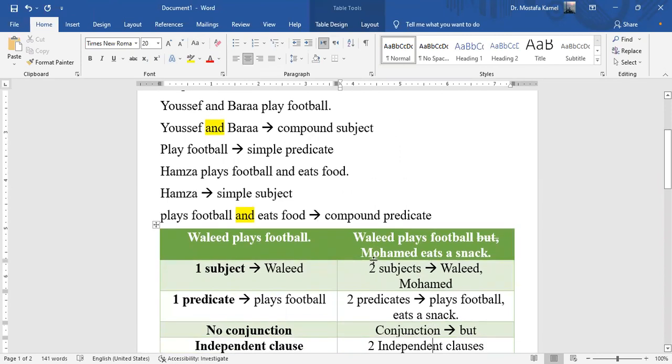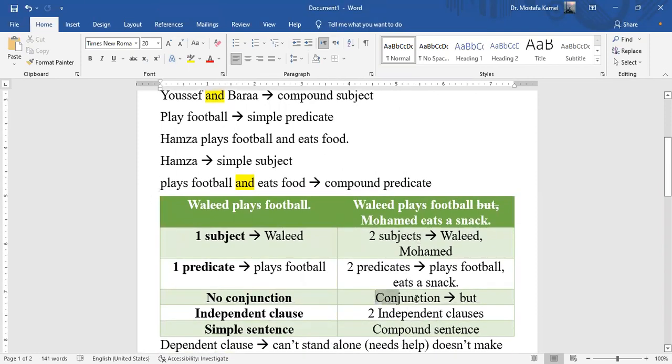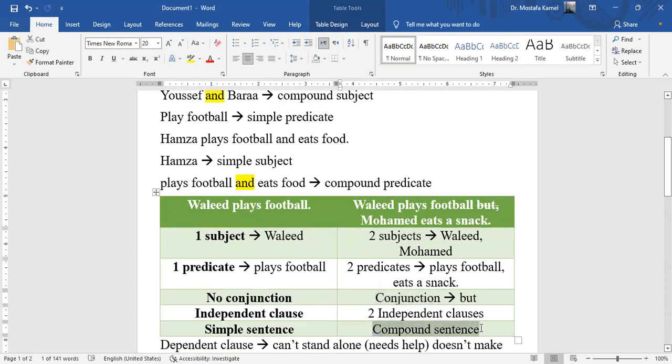That's when we have two subjects and two predicates and a conjunction in between. This is called a compound sentence. A compound sentence is a sentence that has two simple sentences plus a conjunction.